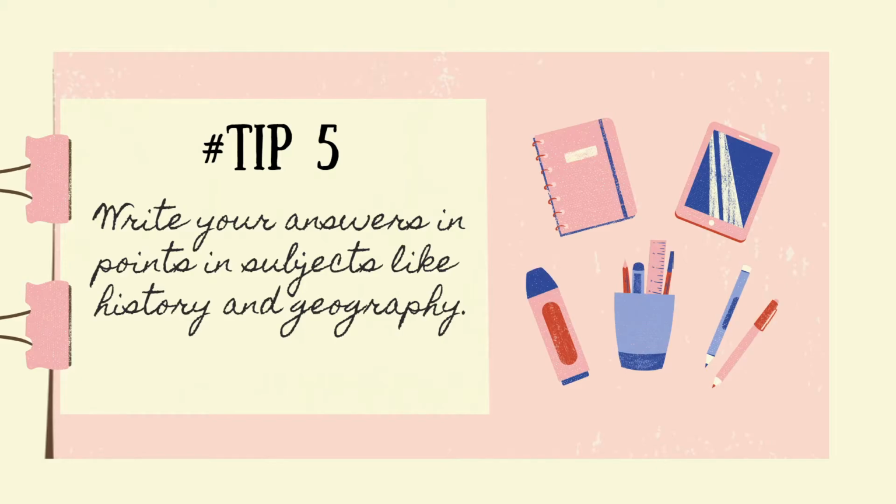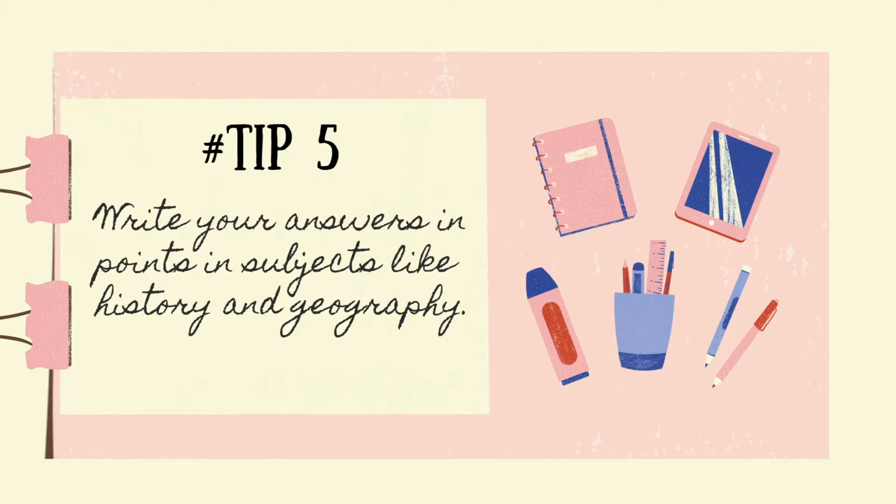So yeah, this thing you should always keep in mind whenever you are asked to give reasons or causes or any type of question in history which can be answered point-wise. Actually, you can use a point system or bullet point system to write your answers.